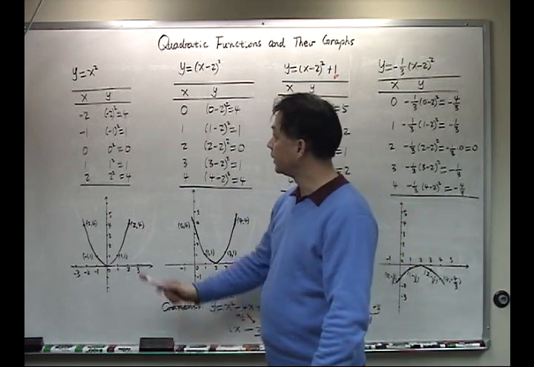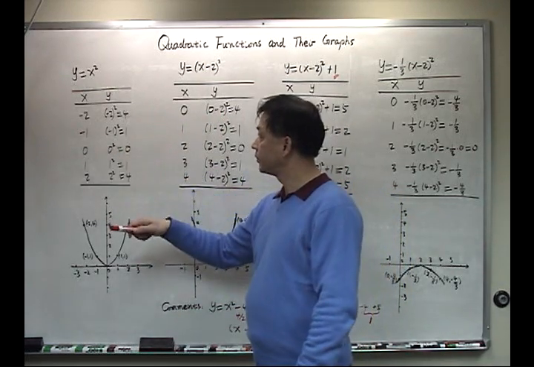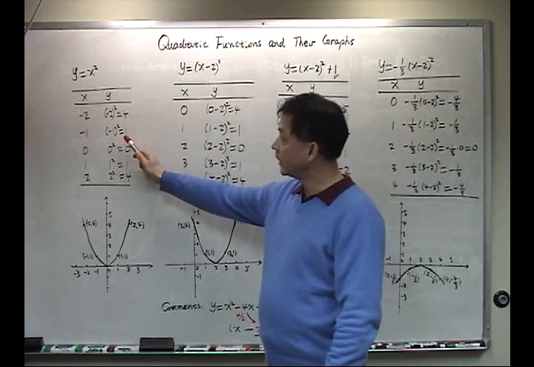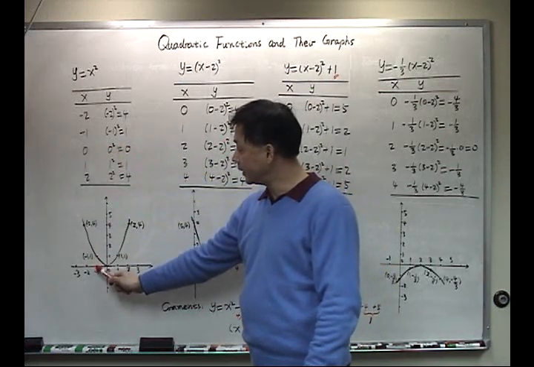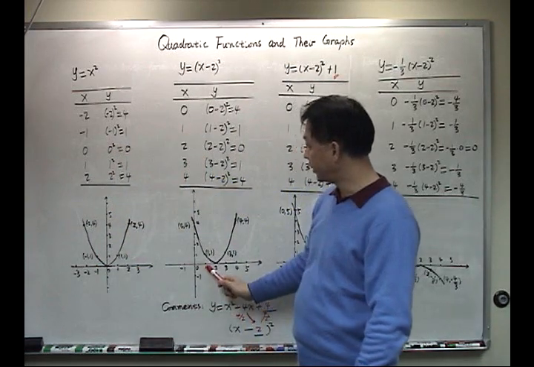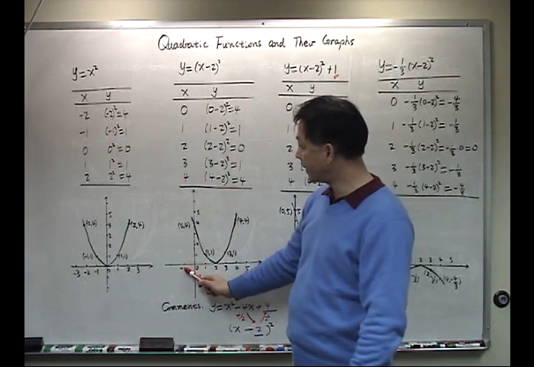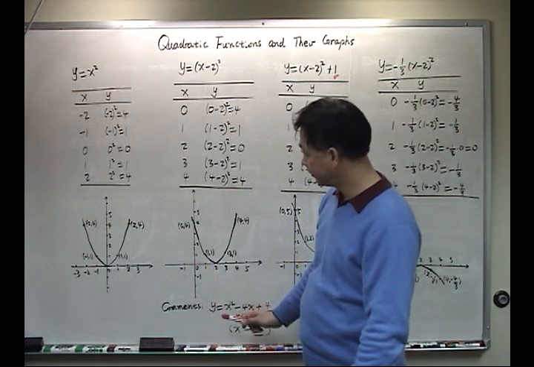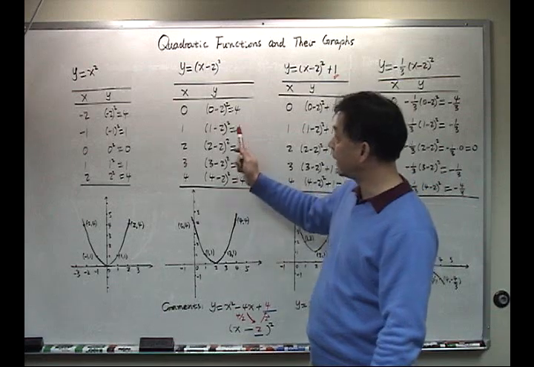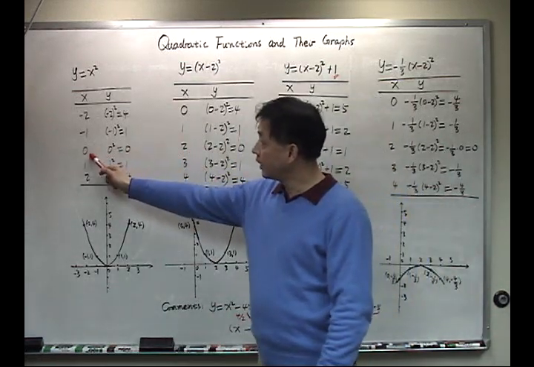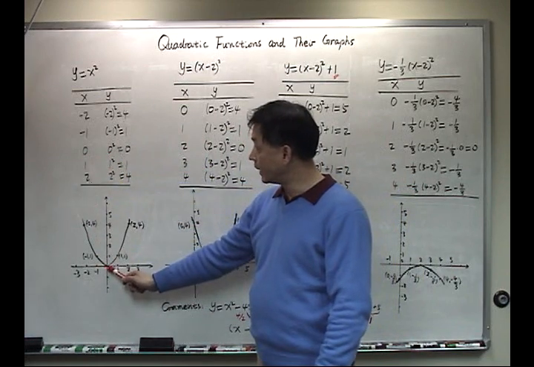Okay? And here is the same thing. In order to get 1 for the value of y, it was negative 1 right here. Now it is 1, so it should be here. From negative 1 to positive 1, 2 units to the right, for the same value of y. And here you can see when x is 0, y is 0.